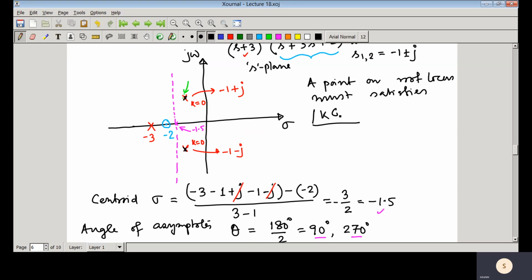That thing we have seen, that the angle of k g of s h of s equals 2k plus 1 times 180 degree.